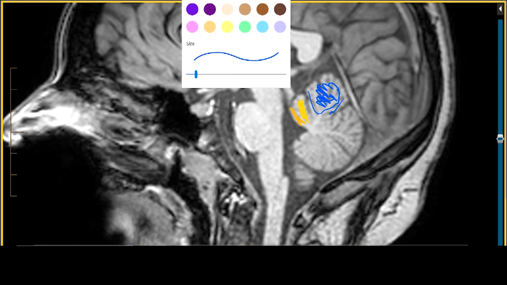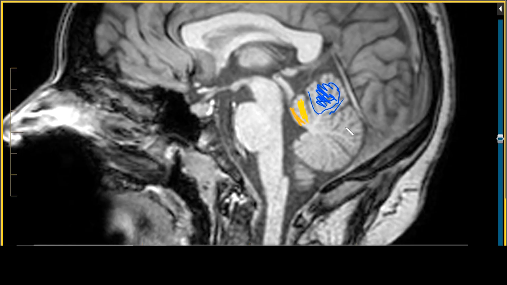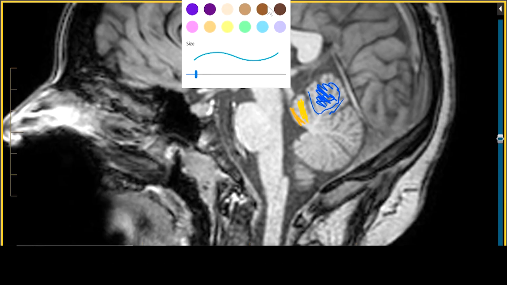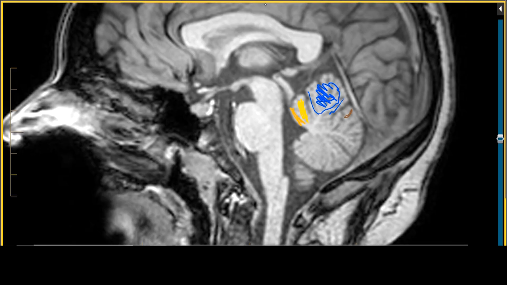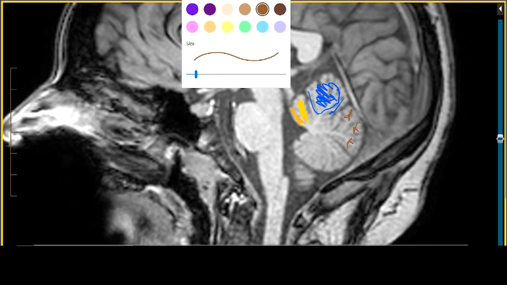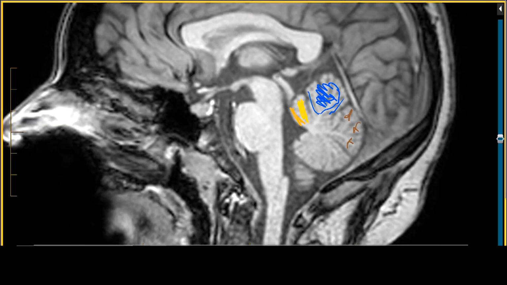Then we get into three lobes that are kind of hard to separate out here. We've got the declive, the folium, and the tuber corresponding to this lobe. And so declive, folium, tuber. Then underneath that, and slightly anterior to it, we have the pyramis, or the pyramidal lobe of the cerebellum.